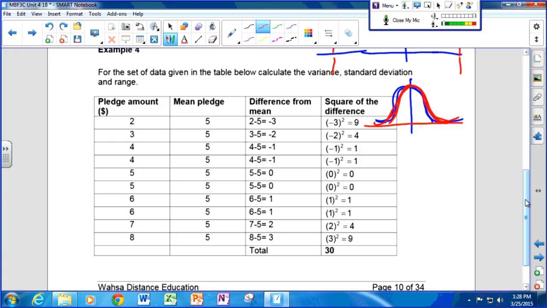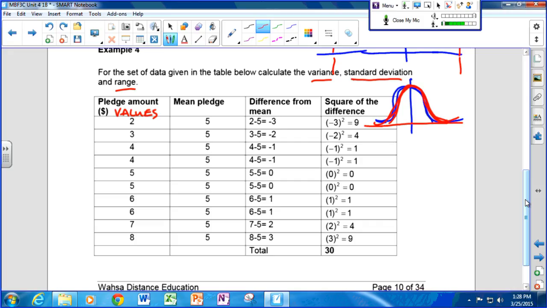So whenever you're asked to calculate the variance, the standard deviation, and the range, you're going to be given a table like this. And the table will be your values. And well, that's about it. The rest of it's all been filled in.